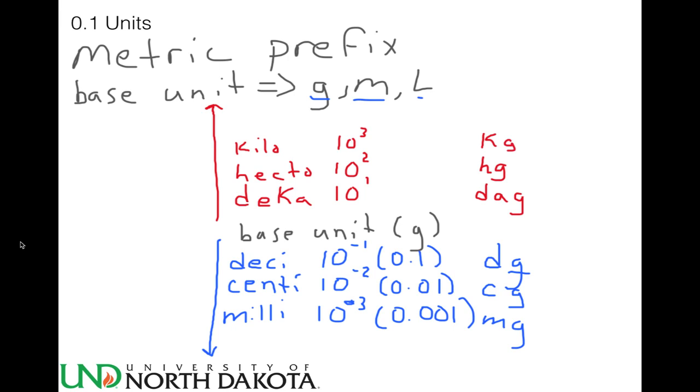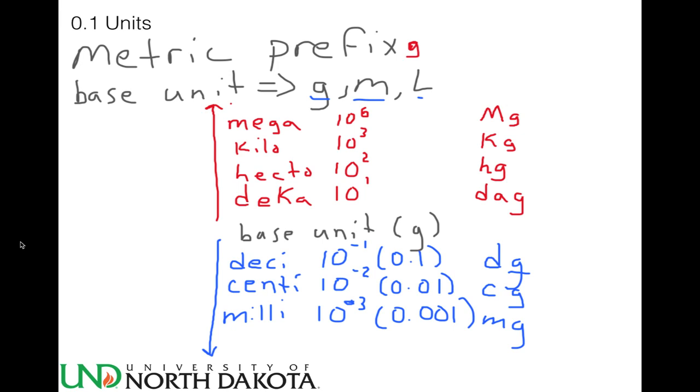We can have mega, where mega is multiplying by a factor of 1 million, or 10 to the 6th power. And for megagram, you need to use a capital M and a lowercase g. And one more example, giga, so I'm going to write it over here because I can't fit it here.